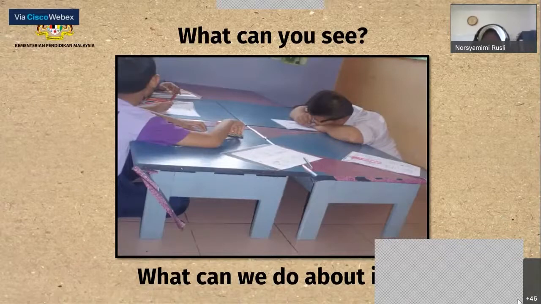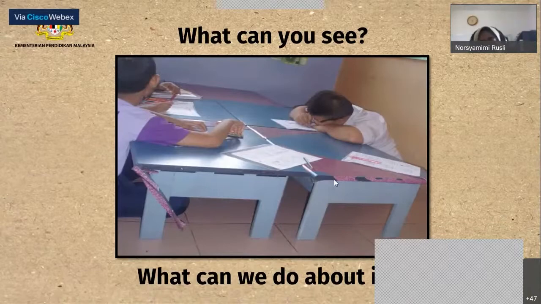This is one of the schools that I visited. They don't have chairs. They only use this desk, and all of the students do the activities during class mostly in a seated position. So what I suggested to the teachers is, if they're not doing writing activities, they can remove the table.